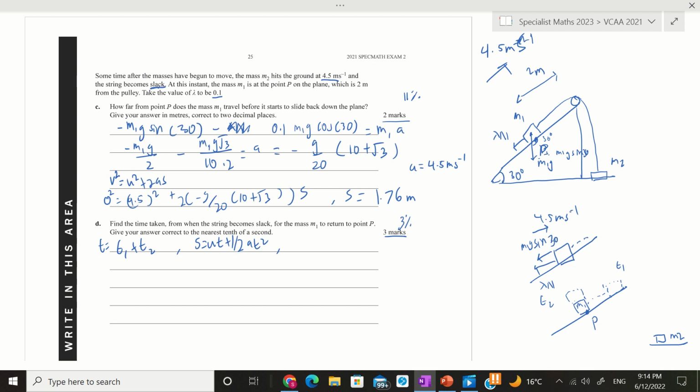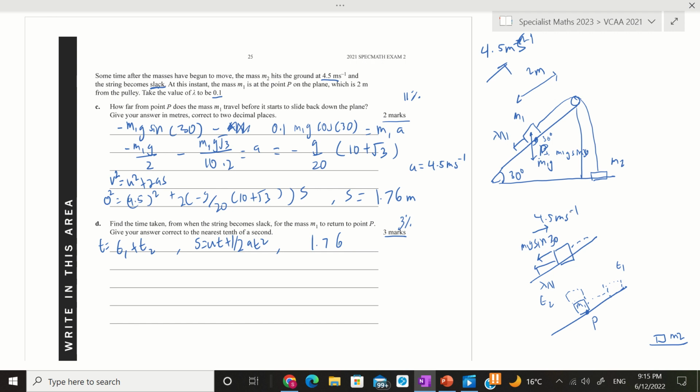Let's go ahead and try solving that. The displacement, so how far did it travel up the plane? The displacement was this number up here, 1.76. But we also need to account for the fact that this 1.76 has been rounded. So don't use just the number 1.76.